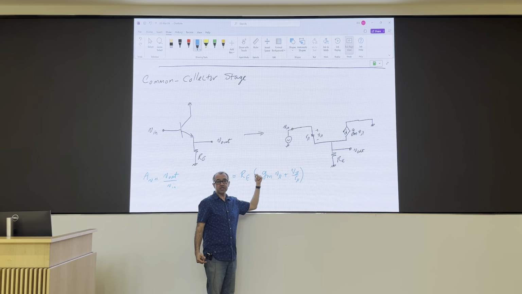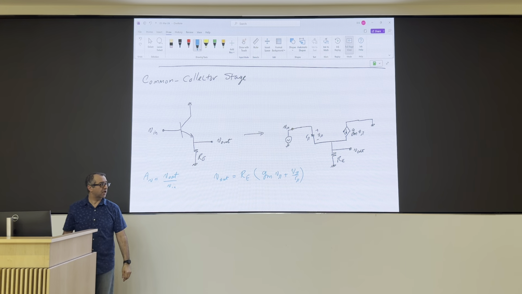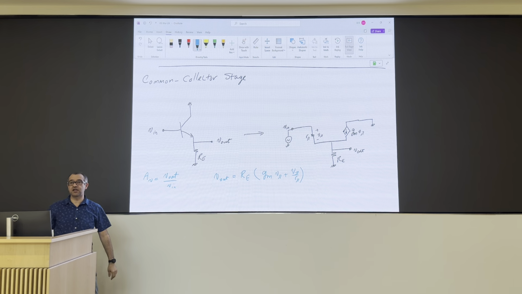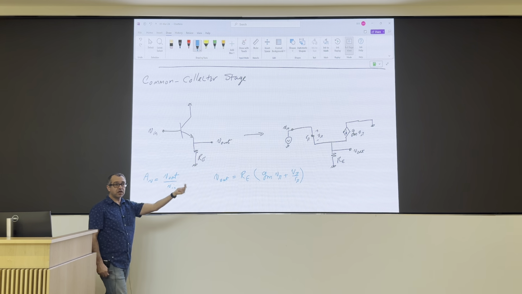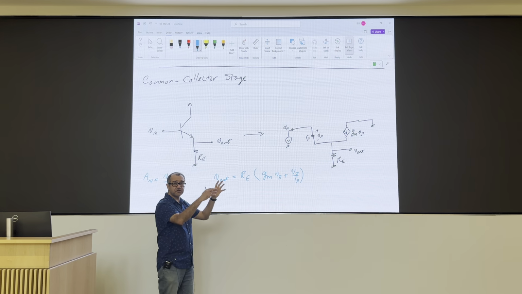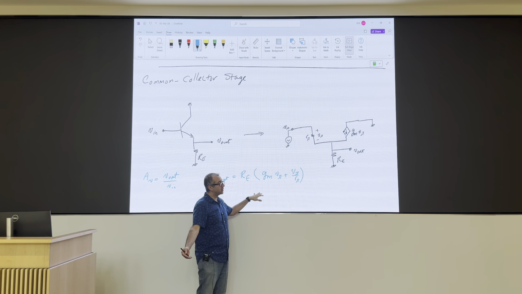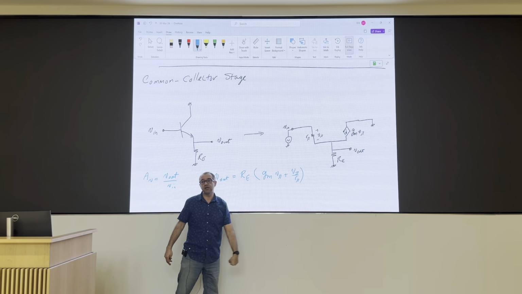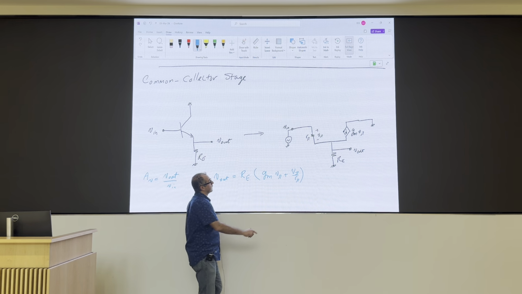I need one more equation. Actually, I don't have a relationship between any of those and Vin. At the end of the story, I want to find V out over Vin. So I need one more equation that hopefully doesn't introduce a new variable and also brings Vin into the mix. Just draw KVL from the inside down.